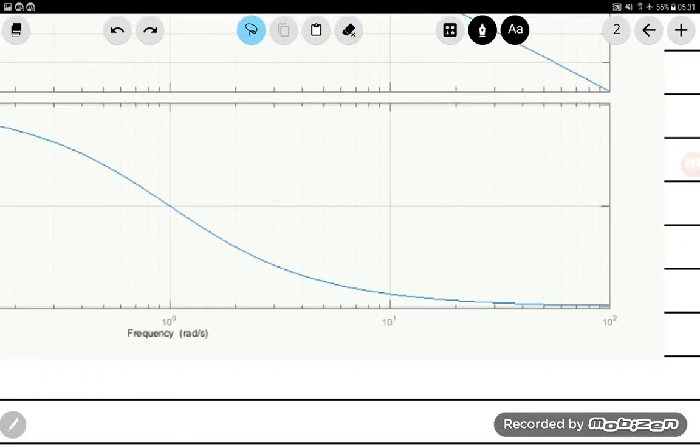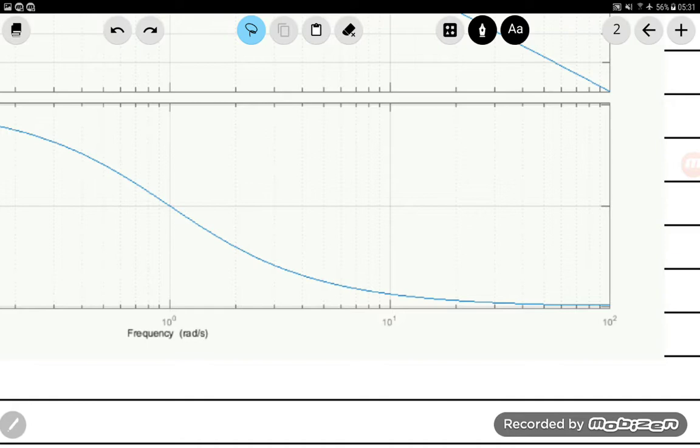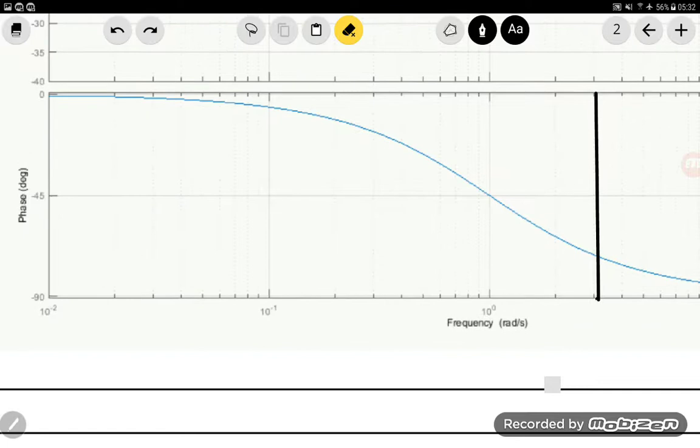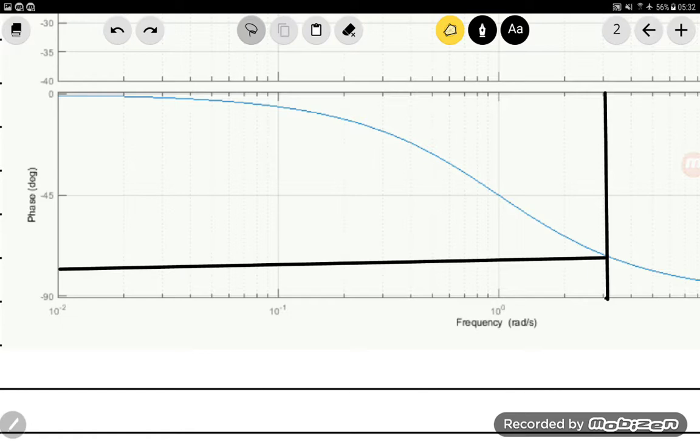First, let's find the frequency pi on this frequency axis. So that's 1, that's 2, that's 3. So I would guess that 3.1 should be around there. So let's try and draw a straight line, and read off the phase at the frequency pi.